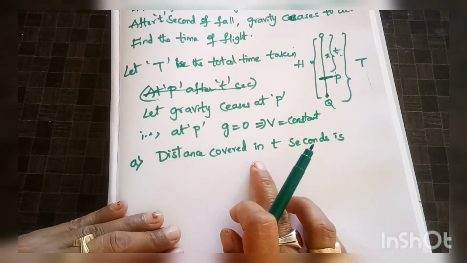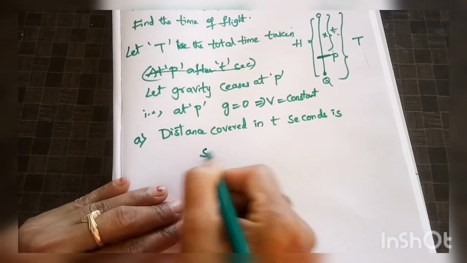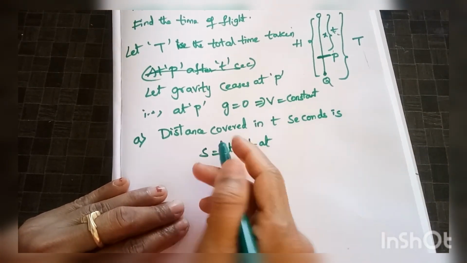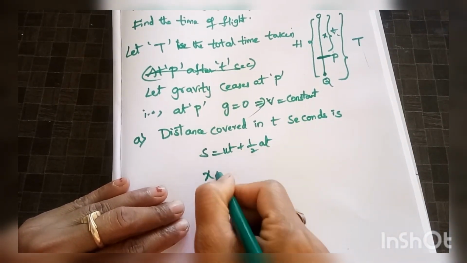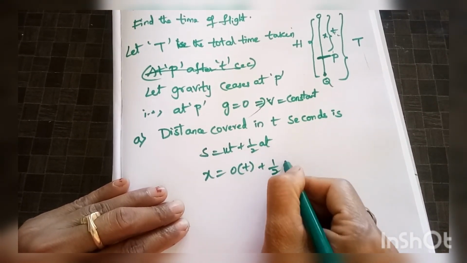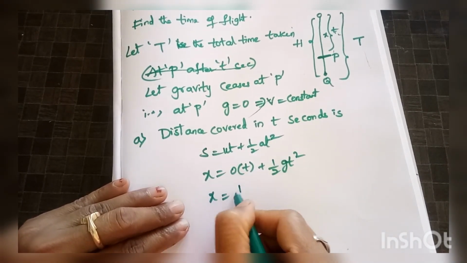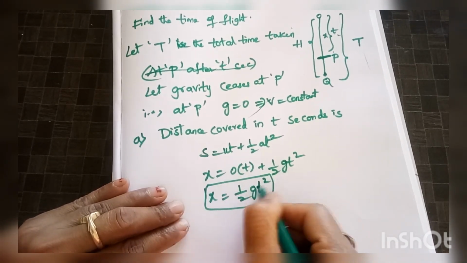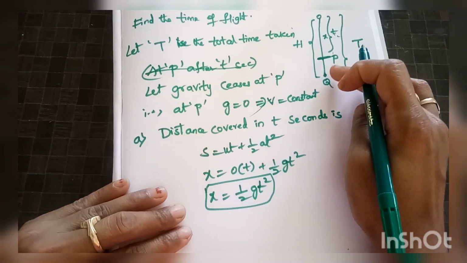So distance covered in t seconds is s equals ut plus half at squared. T seconds means we have taken distance as x. Freely falling, u is 0, plus half a, which is g, t squared. So x equals half g t squared. This is the distance traveled by the body in t seconds before gravity ceases.